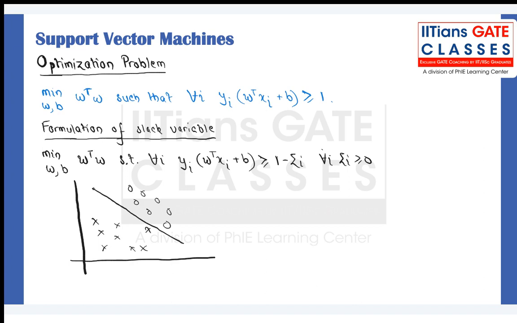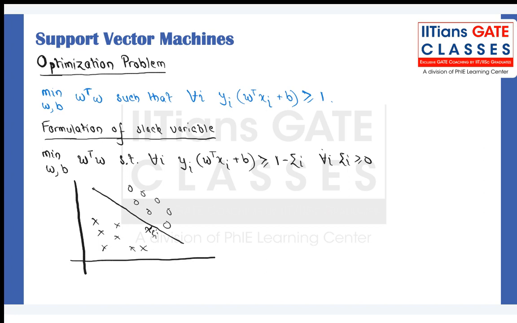Your minimum distance is actually not 1, it is 1 minus that psi i. So to account for these small variations, we try to use the slack variable.